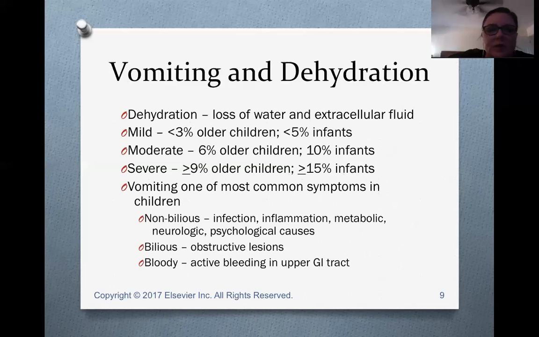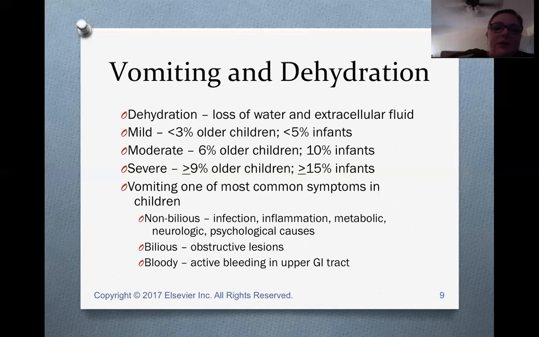So mild, moderate, and severe: less than 3% in older children and less than 5% loss of fluid. And you can tell this by their weight. So that's a really good thing to have. If you have a recent weight on an infant or a child, and then they come in sick and they have lost a couple of pounds, then that's easy to calculate what percentage of fluid they've lost, because we're losing that fluid before anything else.